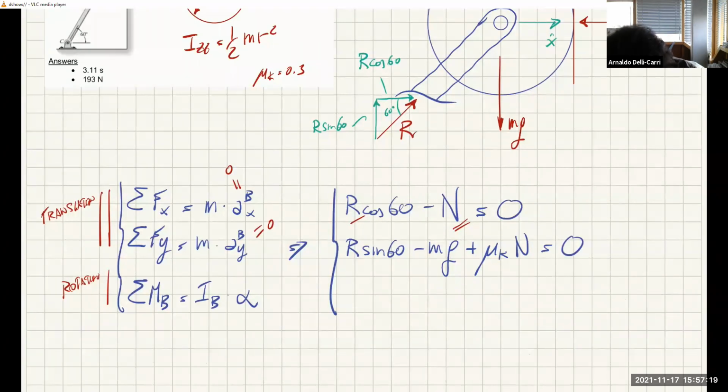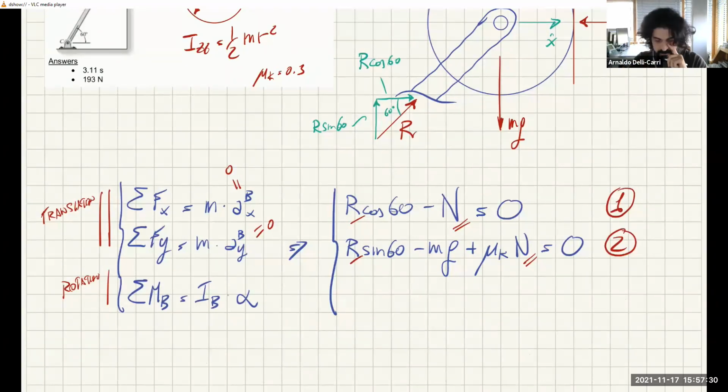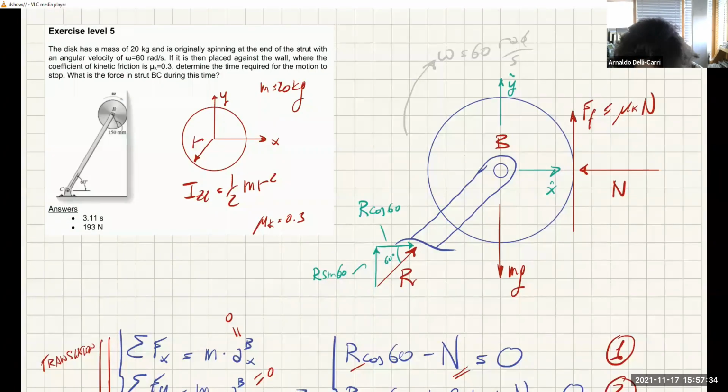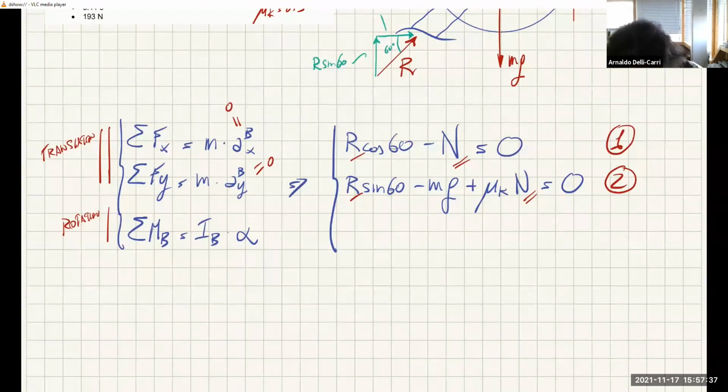Again, 0 because it's not going anywhere. And lo and behold, we have the same two unknowns. So we can solve equation 1 and 2 as simultaneous equations to find R and N, which again are not required anyway, but it's good to have them.